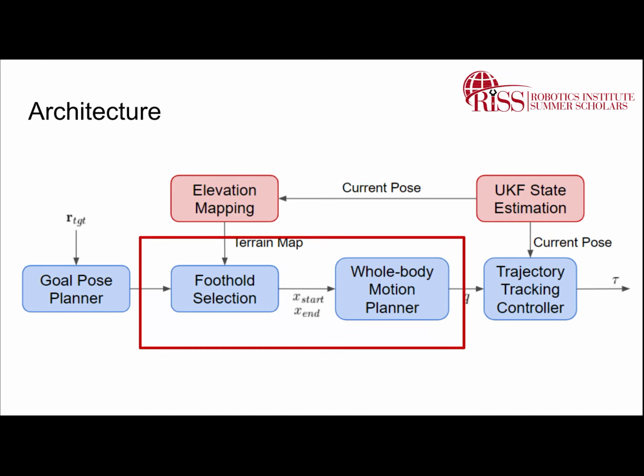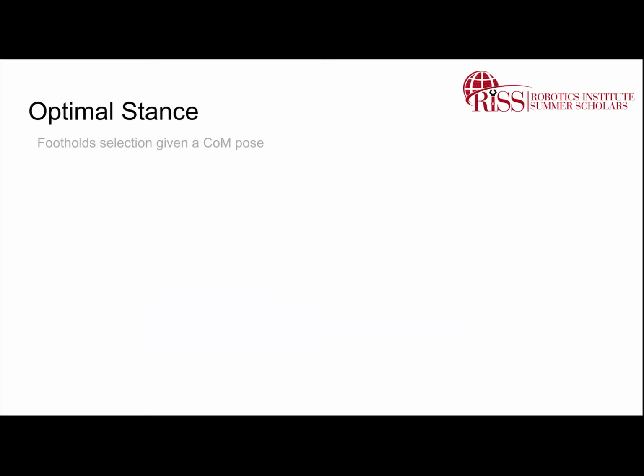In the red box is the main problem we're going to solve, and we can divide it into two parts: foothold selection and whole body motion planner. Foothold selection can also be understood as the optimal stance.